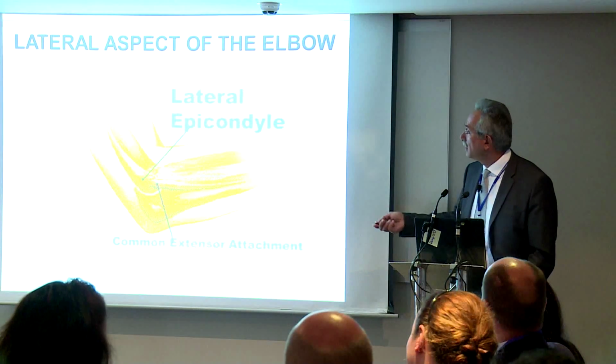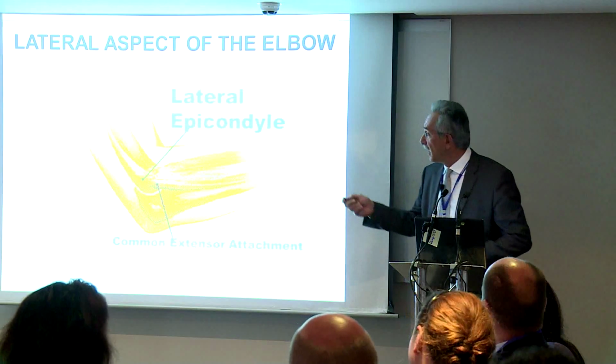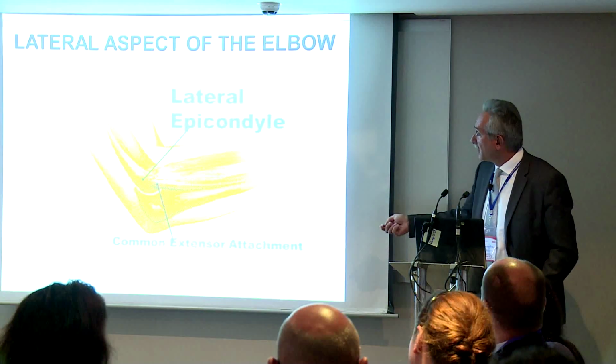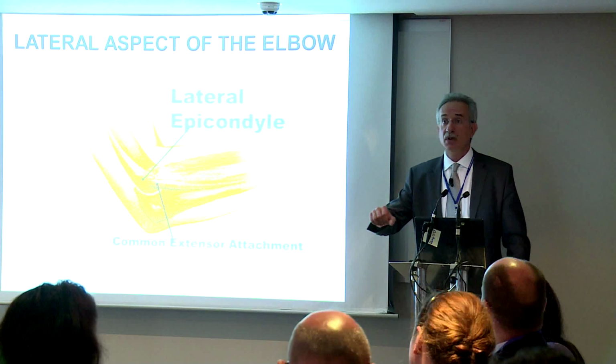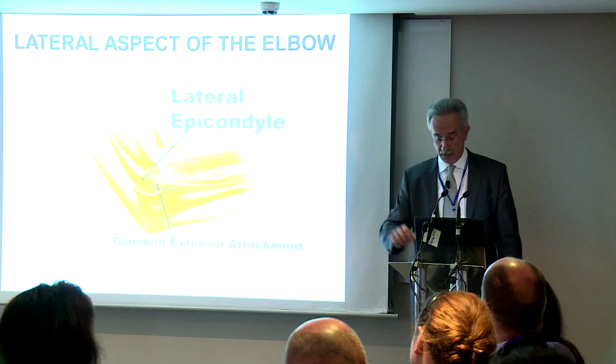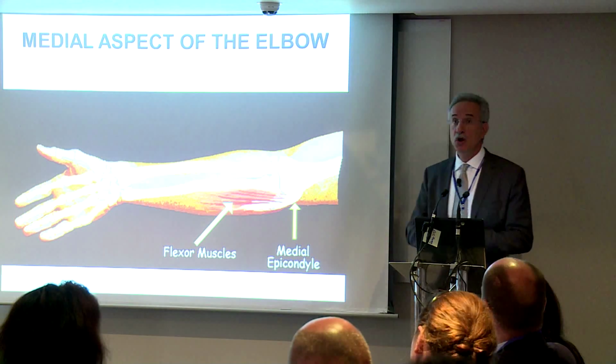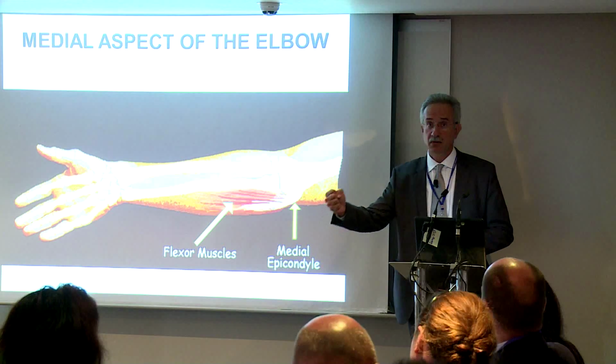We have this bone prominence because from the lateral epicondyle we have the attachment of the common extensor tendons, those that extend the fingers and the wrist. In contrast, from the medial epicondyle we have the flexor muscles, which do the flexion.